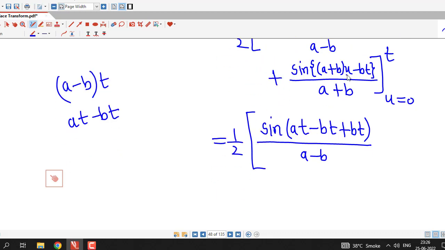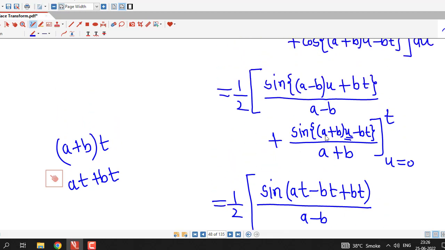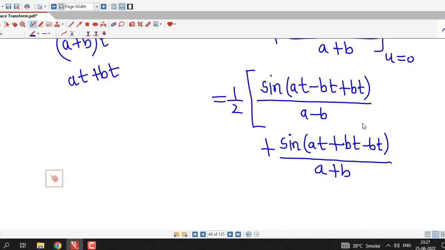Similarly, here also we replace u by t, and we will see it is going to be a plus b into t, that is at plus bt. Sine of at plus bt minus bt divided by a plus b. So this is for the upper limit.